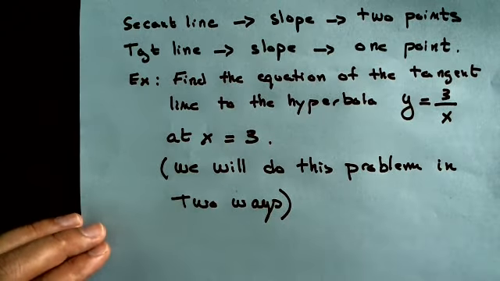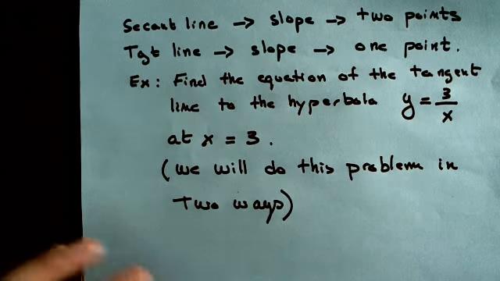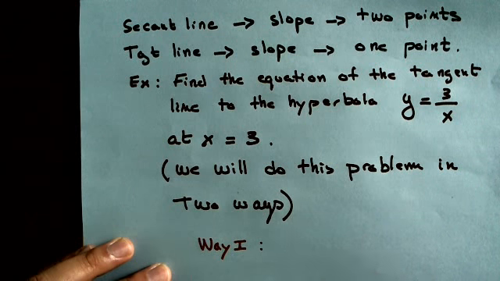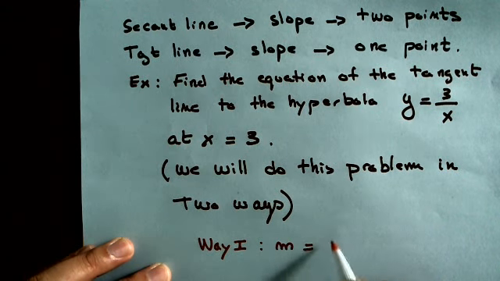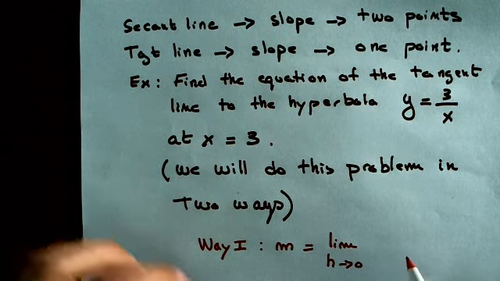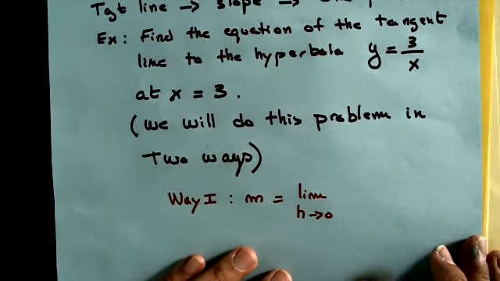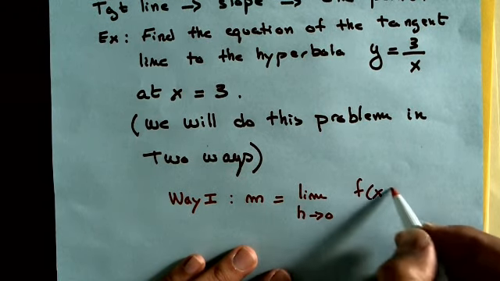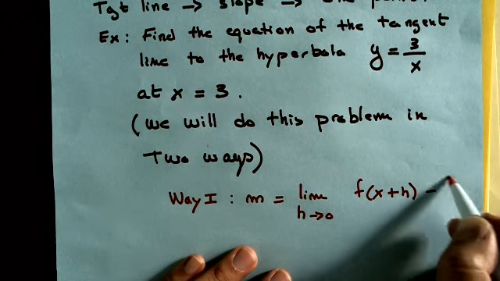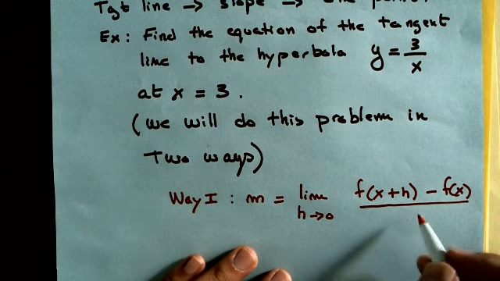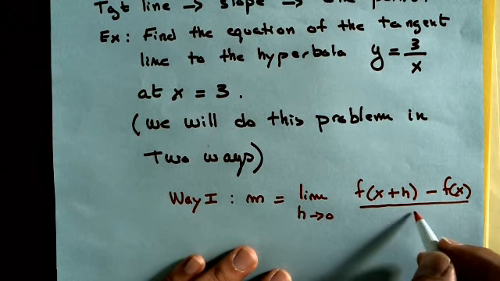So we're going to do it in way 1, which is m, the slope, equals the limit as h approaches 0 of f of x plus h minus f of x over h.